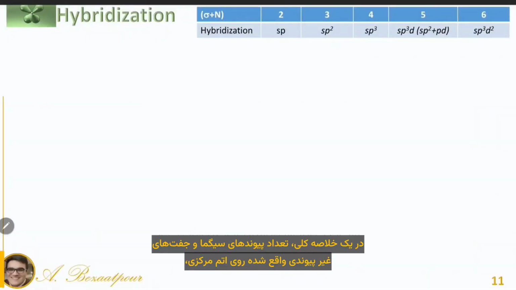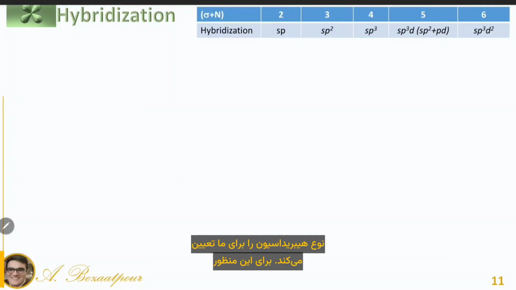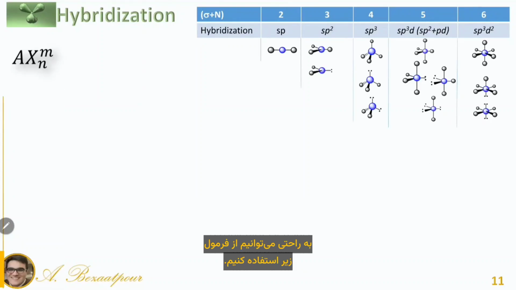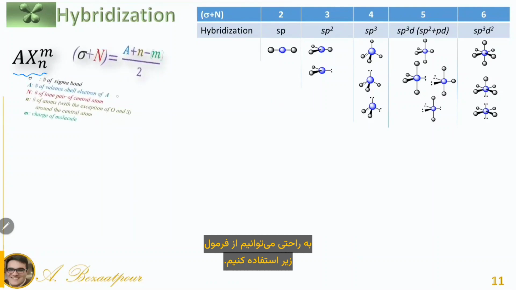In general summary, the number of sigma bonds and lone pairs located on the central atom determines the type of hybridization for us. For this purpose, we can easily use the following formula.